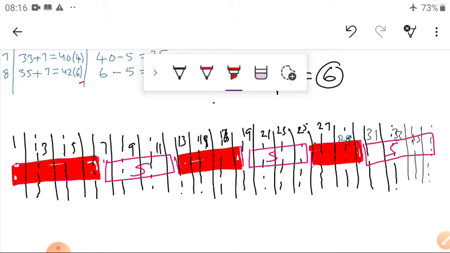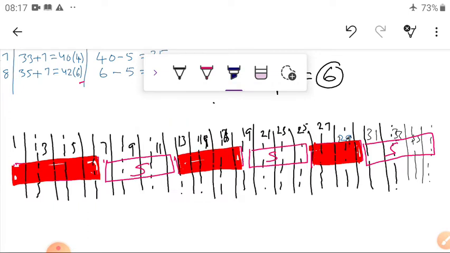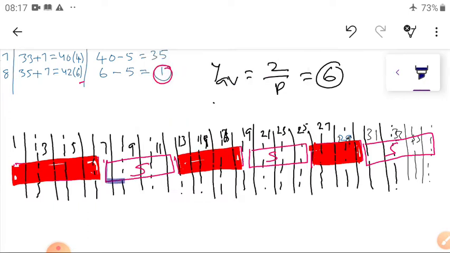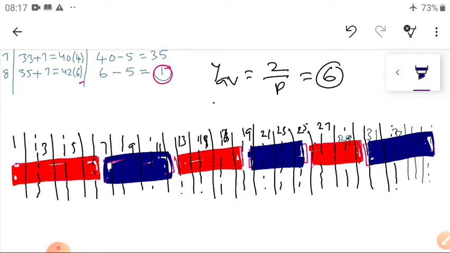Similarly, I require the south pole. Take the blue. These are the south poles. Red is the north pole and blue is the south pole.